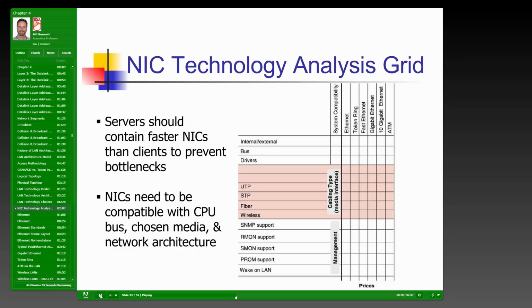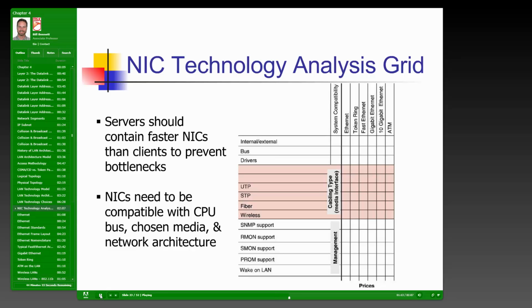And of course, if you're using fiber, you would have to have the appropriate fiber connector. And then of course the network interface card definitely has to be compatible with the network architecture. So you're going to purchase an Ethernet card or a token ring card, depending again on the type of network architecture that that particular network interface is going to be operating on.